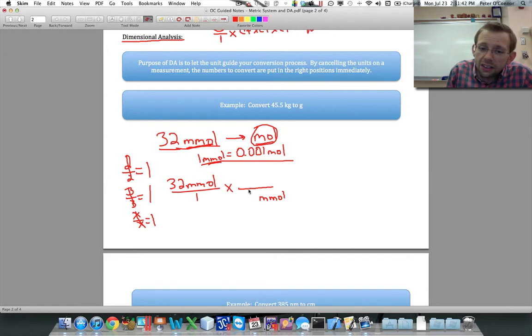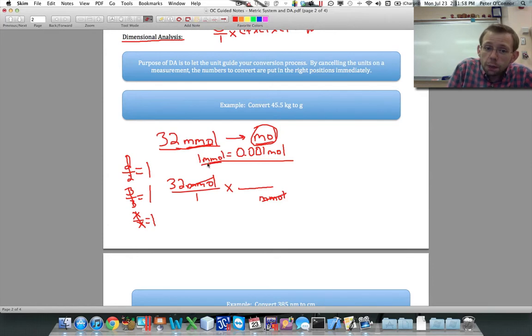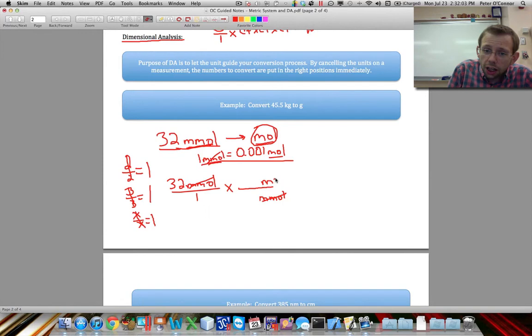Why? Because now it's on the bottom of that millimole, and when they divide, they will cancel themselves out. Yes! Touchdown! And if I use millimole on one side, then the other side's got to have moles, so moles go on top.